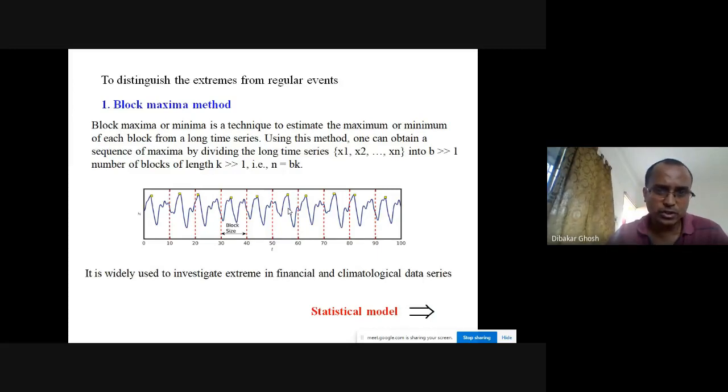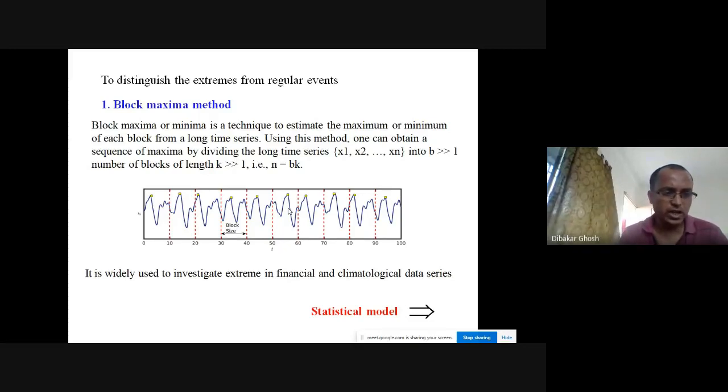It is widely used to investigate extremes in financial and climatological data series, where the maximum in each block is important.